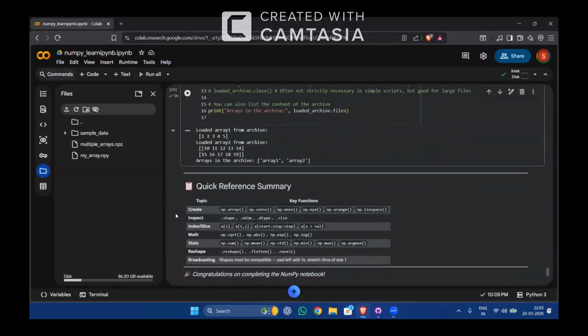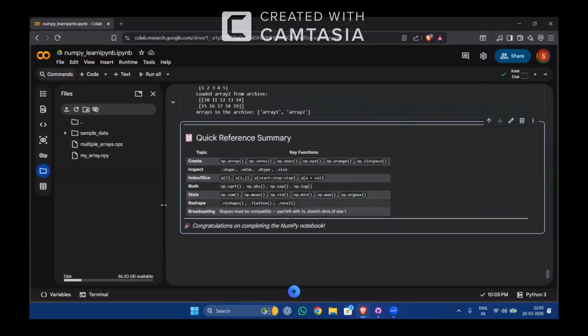So, hope NumPy is clear for you. Everyone, I request you to go through this notebook one more time, make every function familiar to you, and do the rest of the exercises as homework.